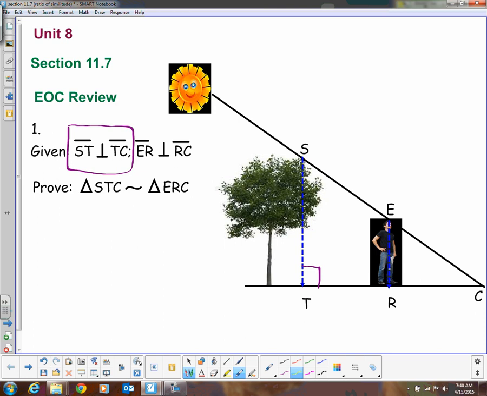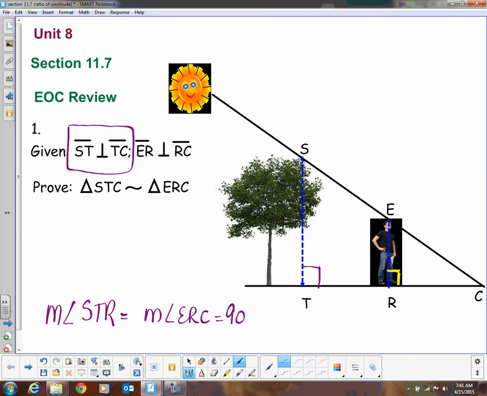ER and RC? What do you know about this? It's a right angle. So what are you going to tell me about angle ERC? It's a right angle. So there's your first step. Now, what do you know about right angles? So you know that measure of angle STR equals the measure of angle ERC, which equals what?